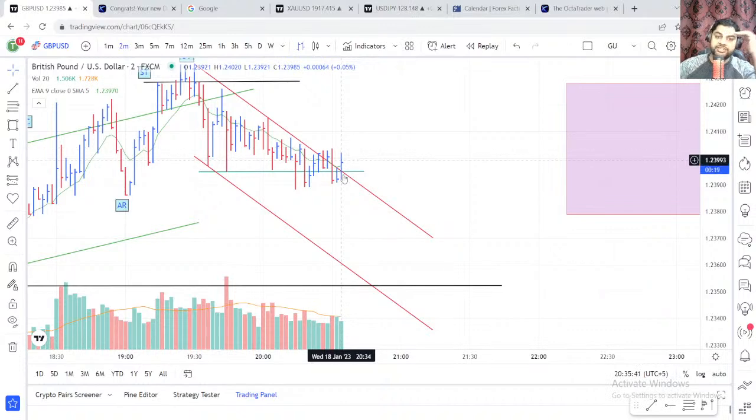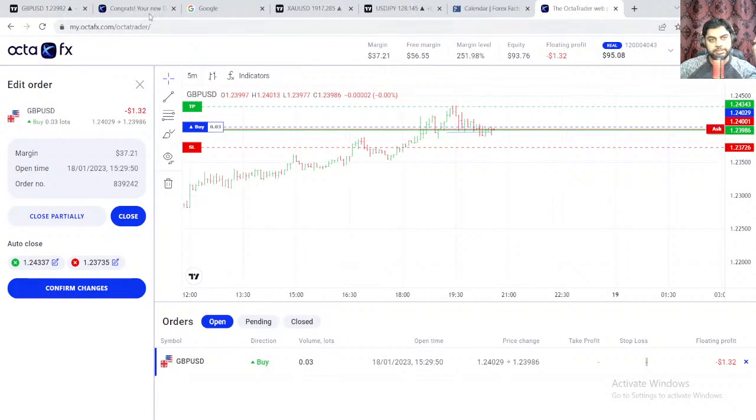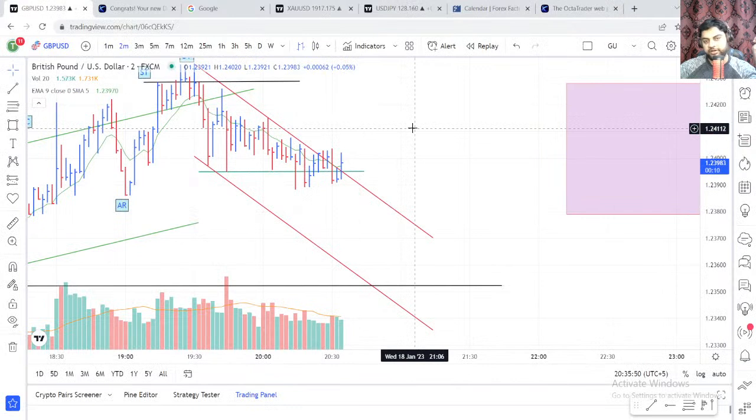We have made a buy trade over here. I think the market is testing these levels and probably going to go up. So we are safe for our buy trade.